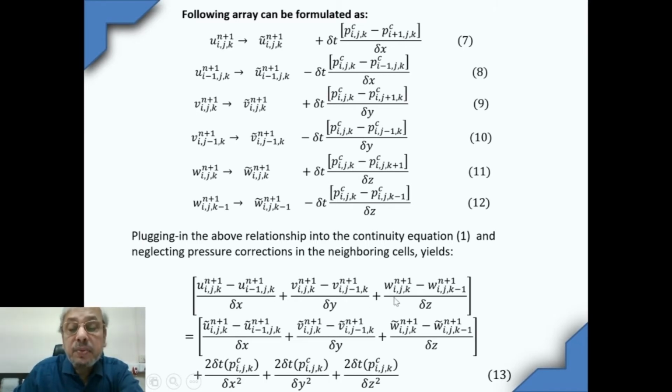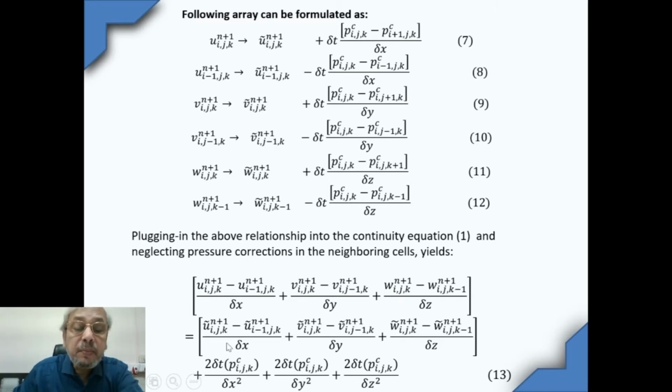And at the n+1th level, this must satisfy the continuity equation, which should be equal to 0. But now, instead of becoming 0, the right hand side will have all these terms.